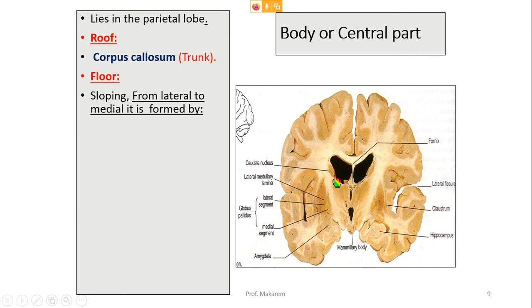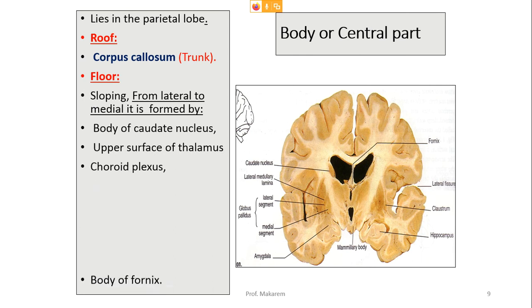From lateral to medial, what structures are present? One is the body of the caudate nucleus, which you can see here. Then we can identify two structures called the stria terminalis and the thalamostriate vein. Try to write down the structures.